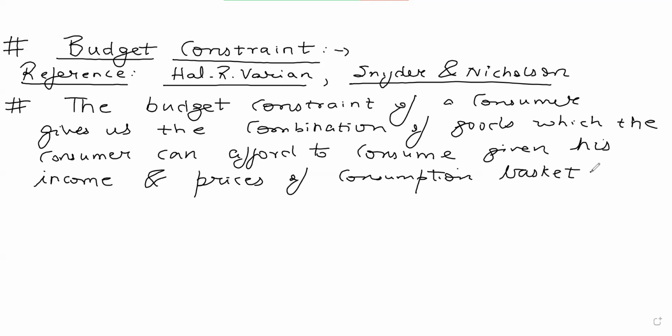Now I'm going to limit it to two goods. We are going to call them good X1, good X2. But we can extend it to multiple goods. We can extend it to more than two goods. Okay, so I can say that let X1 comma X2 denote the consumption vector.